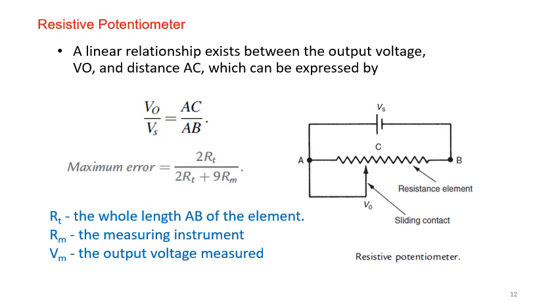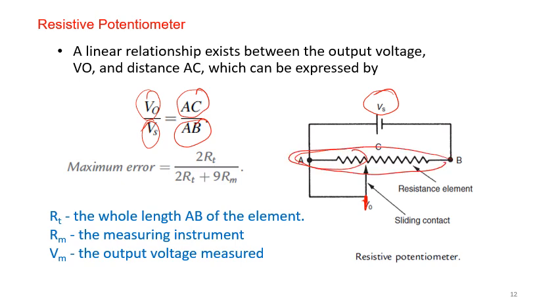The displacement can be shown clearly in this relation, where V out over Vs, the output voltage measured divided by Vs, is equal to AC over AB. Remember, the distances AC and AB for us are resistances.